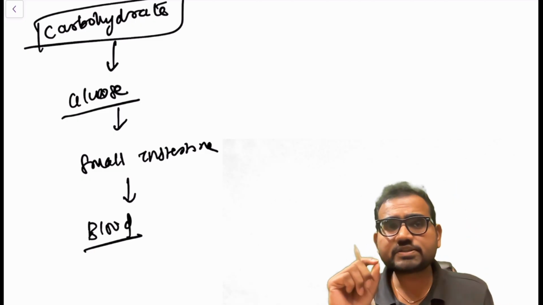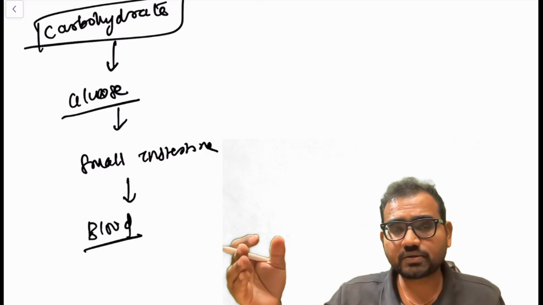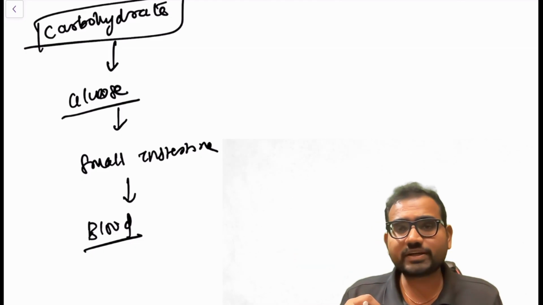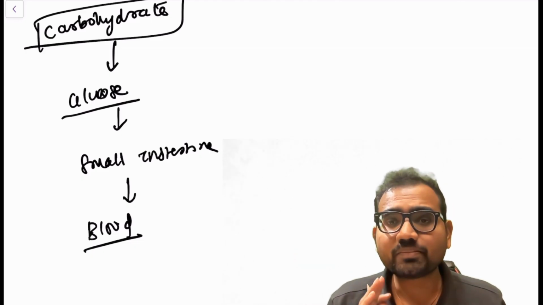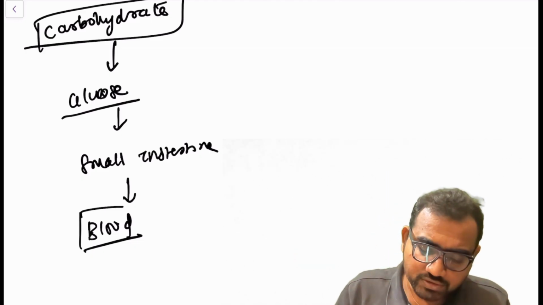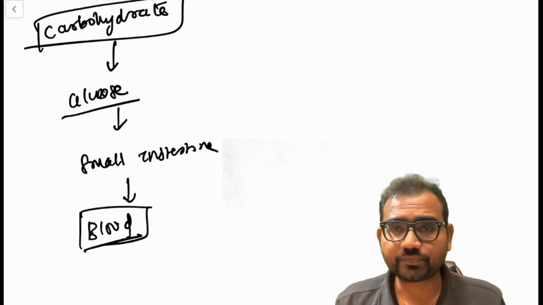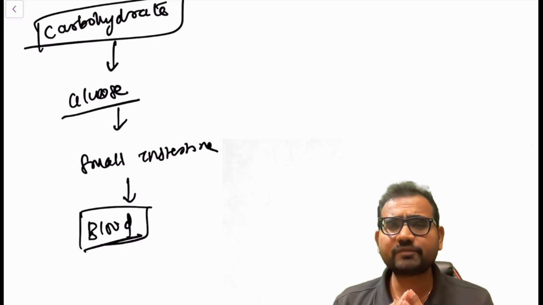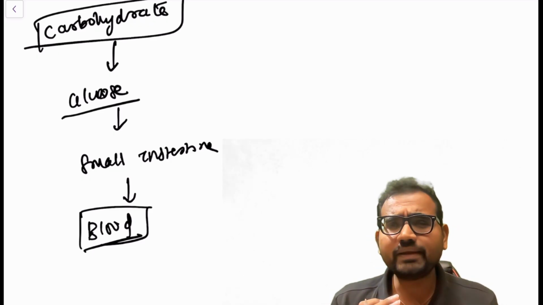So these carbohydrates are broken down into glucose, which enters the small intestine, and then enters the bloodstream. Okay, so this glucose in the bloodstream has to be taken up by various cells in our body to maintain normal function.